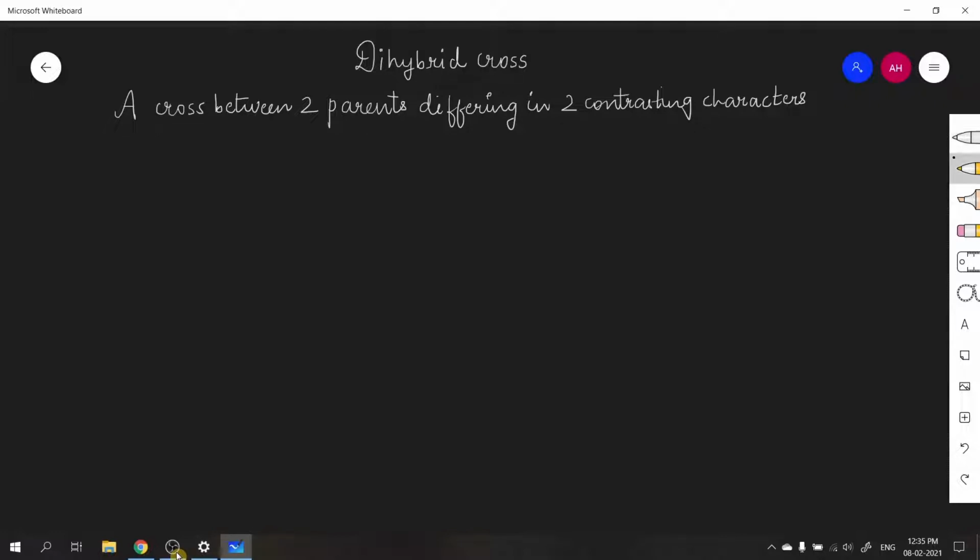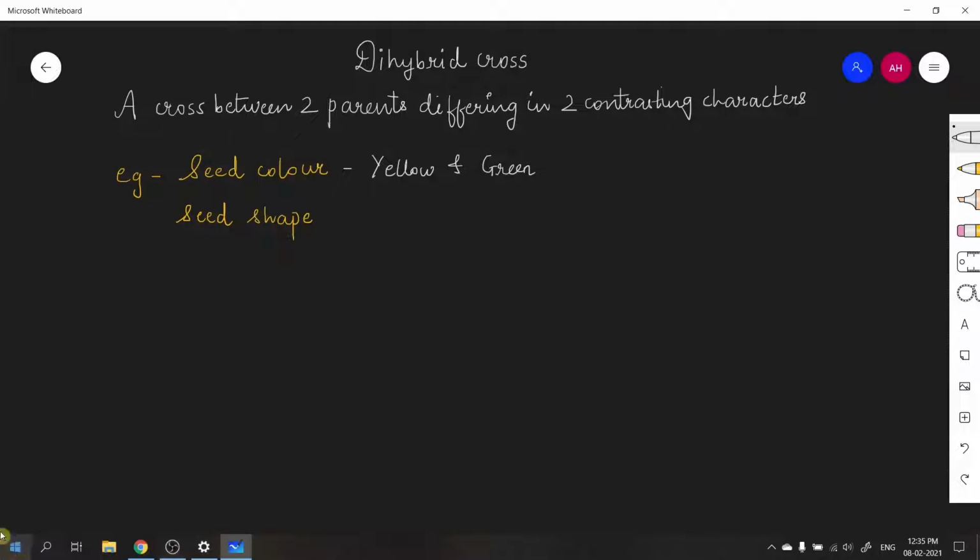And let's say, for example, the two contrasting characteristics are seed color in plants, right? And the other characteristic is seed shape. Fine. Now, when we talk about seed color, there are seeds having yellow color and there are seeds having green color, right?